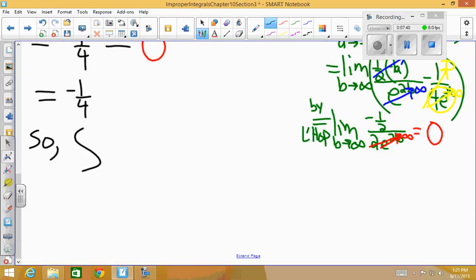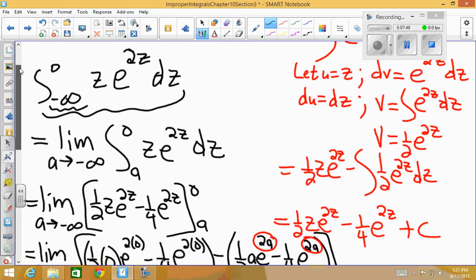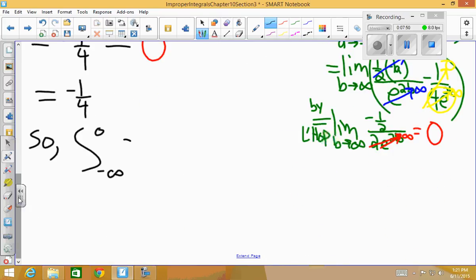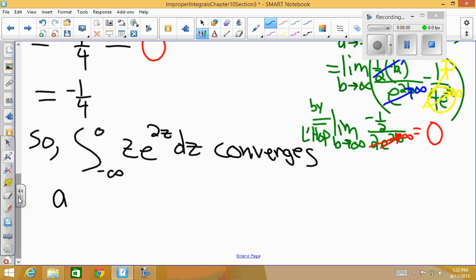So the integral from negative infinity to 0 of, let's check it again, z e to the 2z dz converges and is equal to negative 1/4.